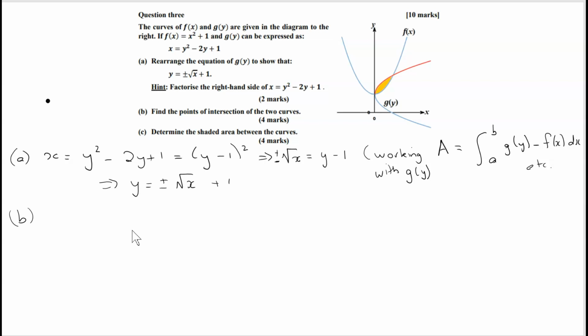So you need to substitute y equals x squared plus 1 into what we've got for x. So we've got y equals x squared plus 1, and we know that x equals (y minus 1) squared, which we know is then equal to (x squared plus 1 minus 1) squared.